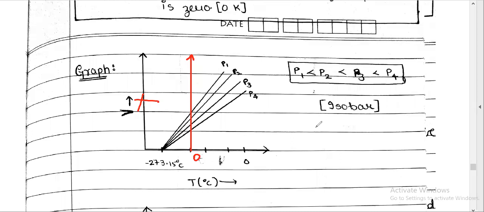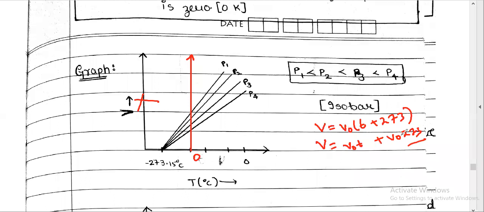Normally, when we talk about degree centigrade, just write the equation in degree centigrade. What is the equation in degree centigrade? V is equal to V naught into T plus 273. Yes? So if you rewrite it, V is equal to V naught T plus V naught into 273.